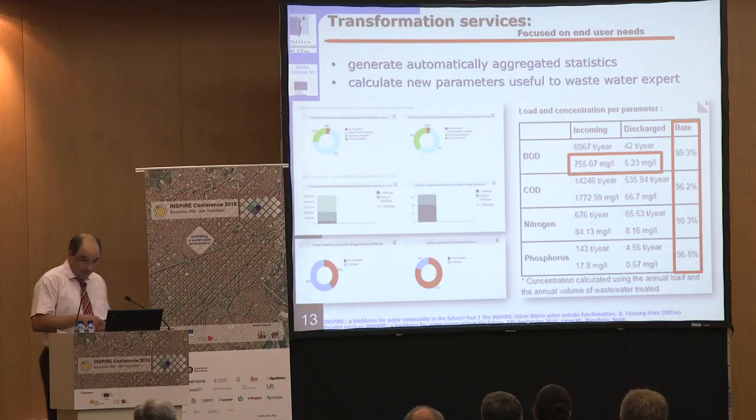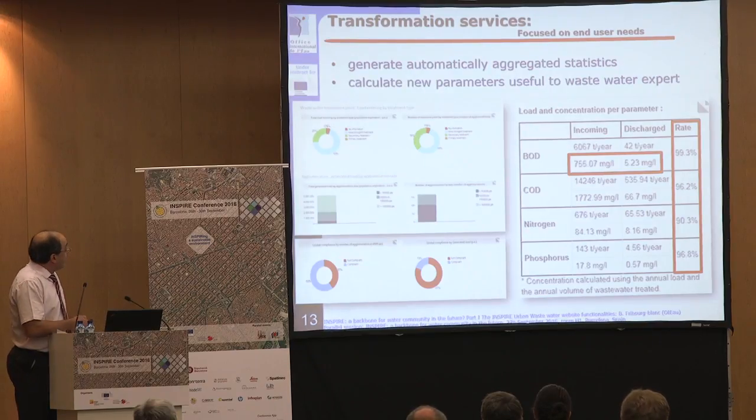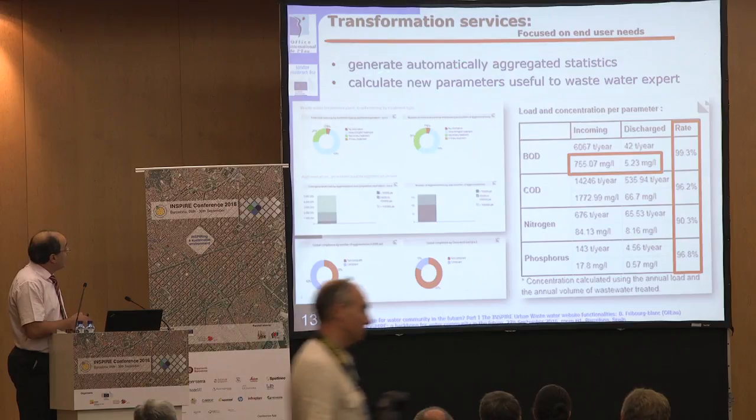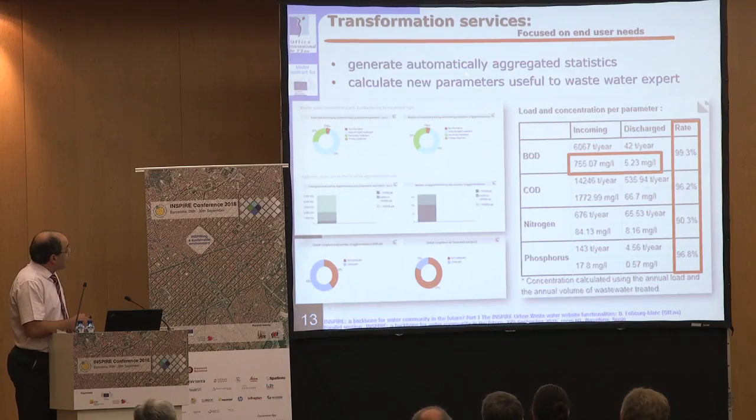And finally, there are some additional transformation services focused on end-user needs that are provided by the platform. It generates automatically aggregated statistics at a national level, as we can see here. Here it's the apportionment between no treatment, secondary and tertiary, or primary if there are some.